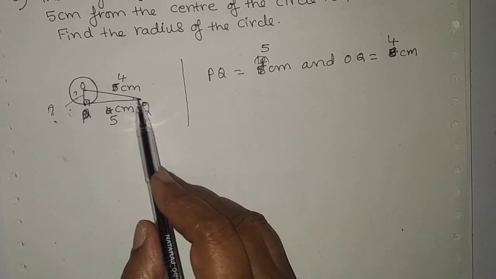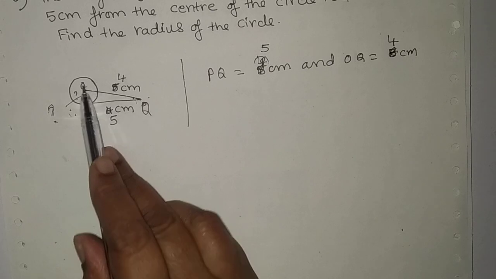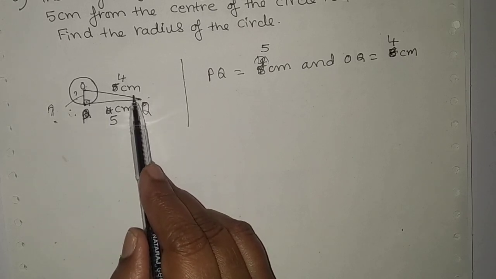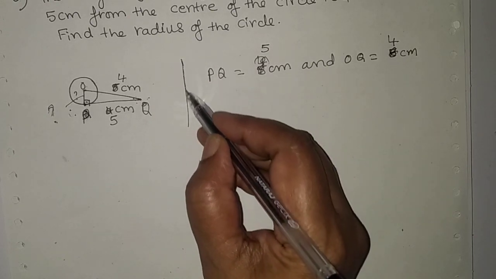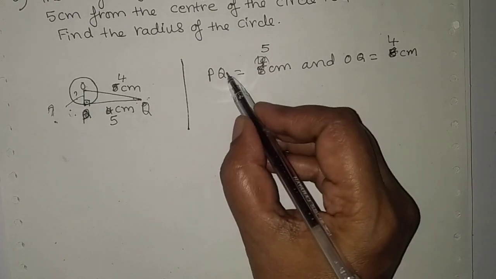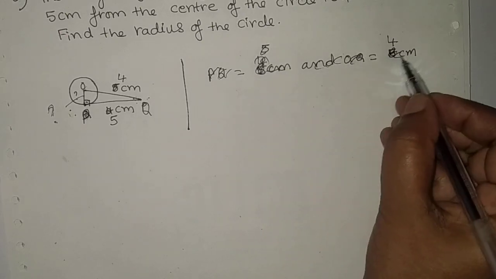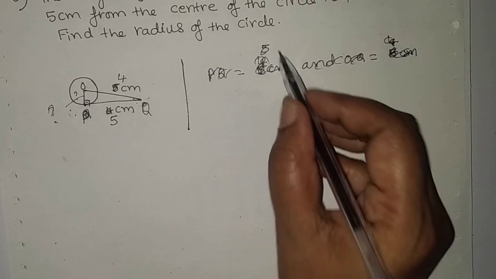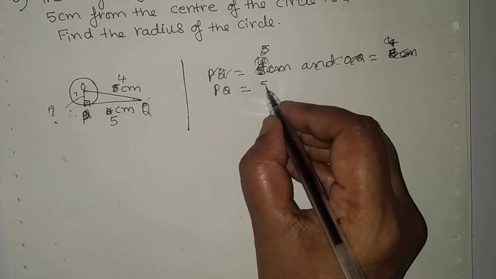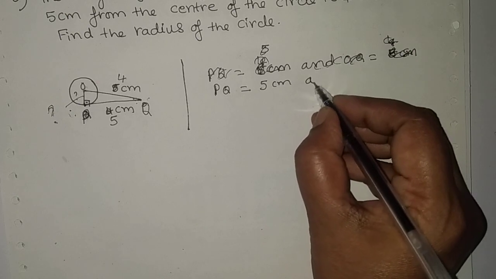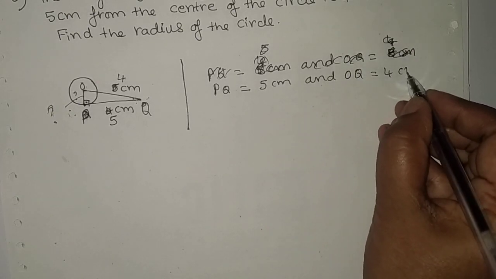For this we mark the points as A, B and O. The length PQ is equal to 5 centimeters and OQ is equal to 4 centimeters.